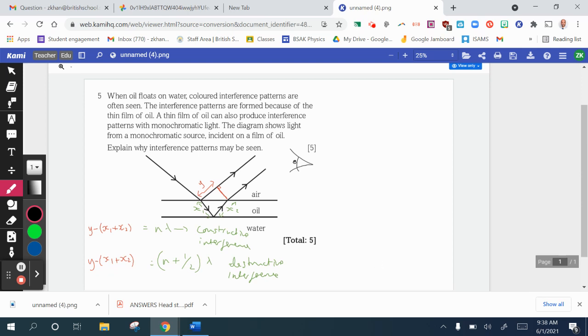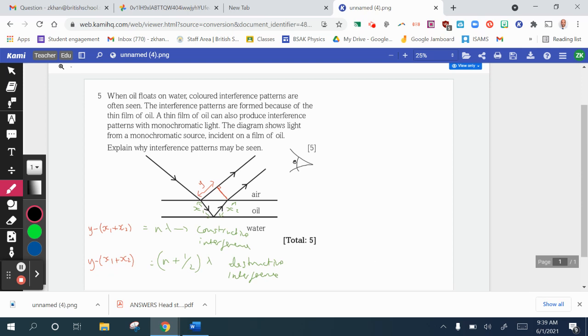The light will refract out, and the reflected ray and the refracted ray will meet at some distance and superpose and interfere. And then you finish that off with saying if the path difference is a whole number of wavelengths, then you get constructive interference, and if the path difference is in the order of half a wavelength, then you get destructive interference.